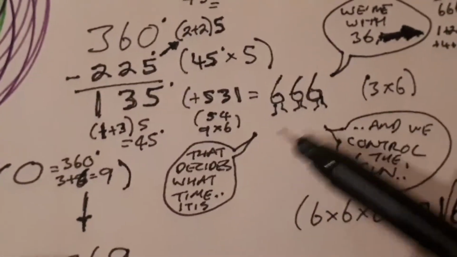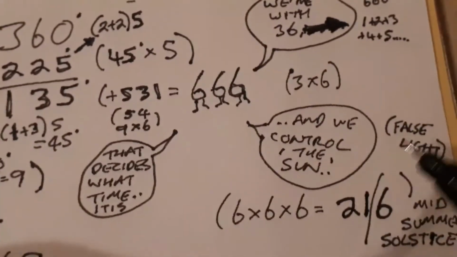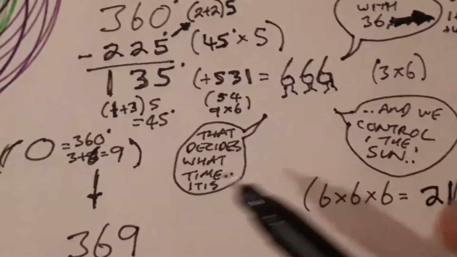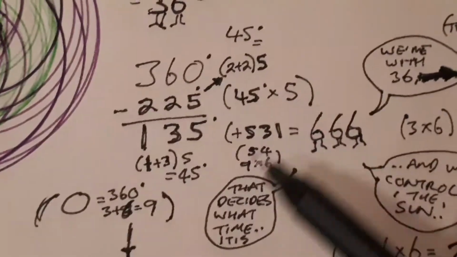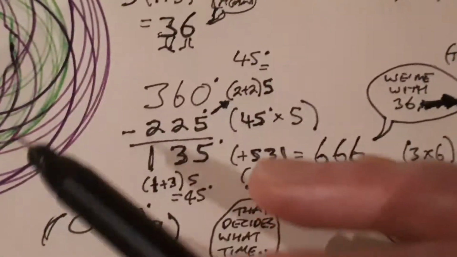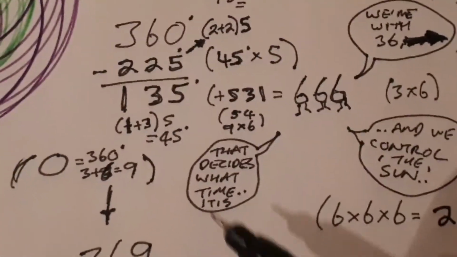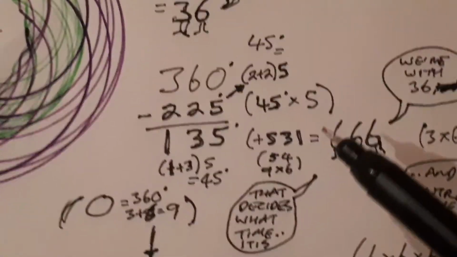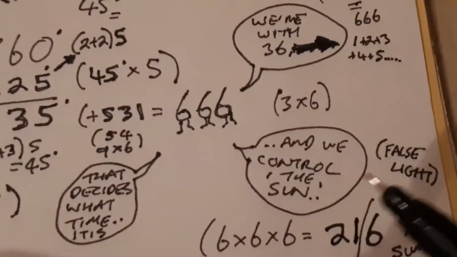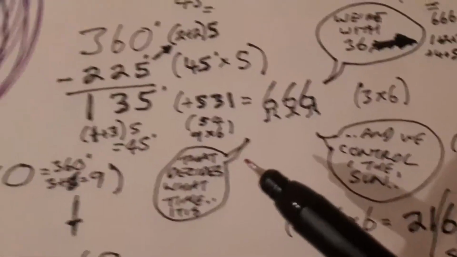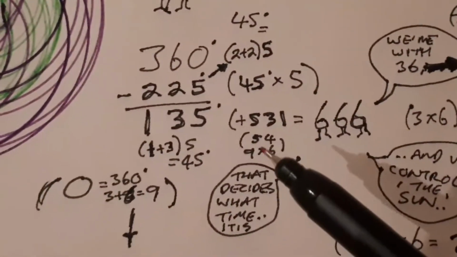But yeah, so they decide what time it is with the sun and the false light, when night and day, because it's all going around the 12, the hours, 24. Because in a way, the actual light, day and night bit doesn't really determine what time it is.